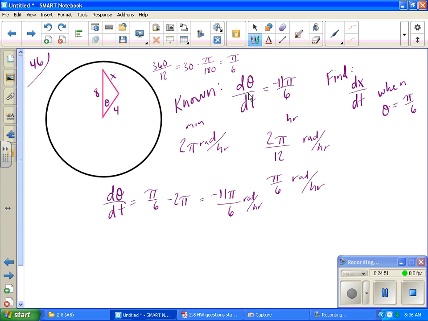Okay, how can I relate theta and x to each other? I think I already told you. I can't use SOHCAHTOA because it's not a right triangle, so I have to use law of cosines.